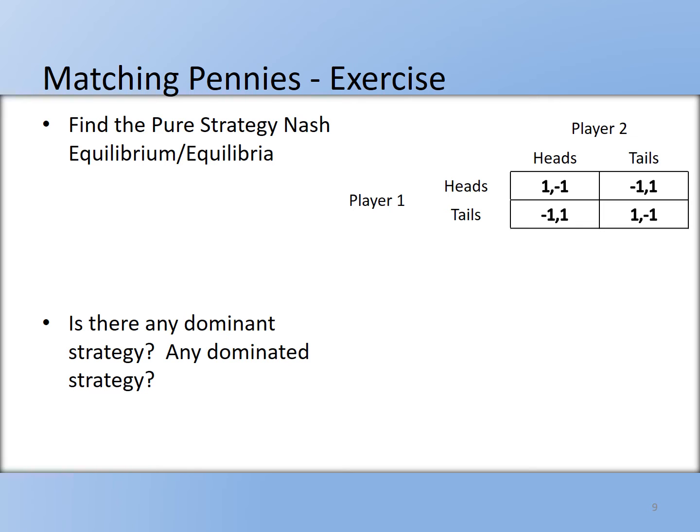This is a normal form game. Take a look, or you can try actually drawing circles. See if you can find a pure strategy Nash equilibrium. This game is called matching pennies.